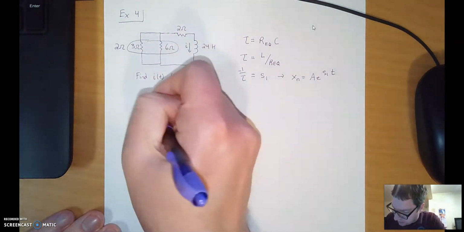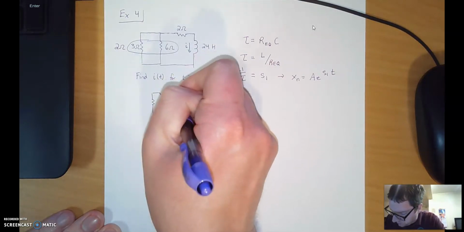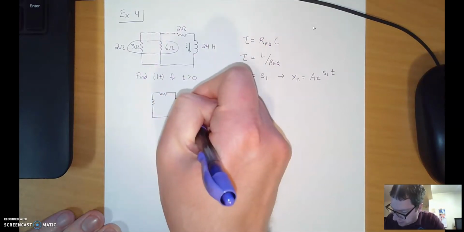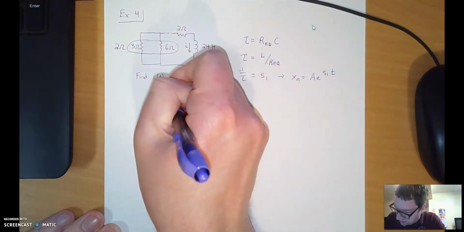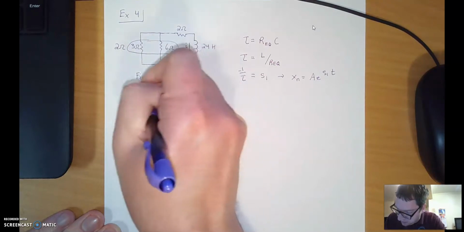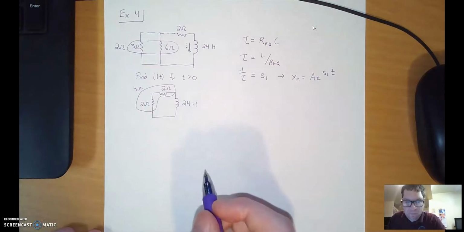So let's redraw that circuit real quick. Be careful that your inductors do not look like resistors. This is our 2 ohm up here, and this is the 2 ohm we just found. When I combine these two, I get 4 ohms.